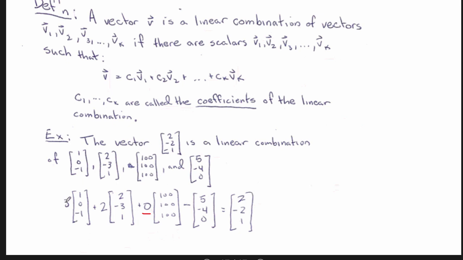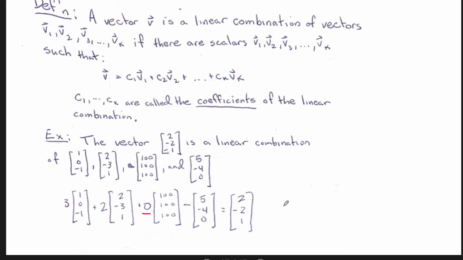And we can see, 3 times 1 is 3, plus 4 minus 5 gives me 2. 0 minus 6 minus -4, so plus 4, is -2, and so on.